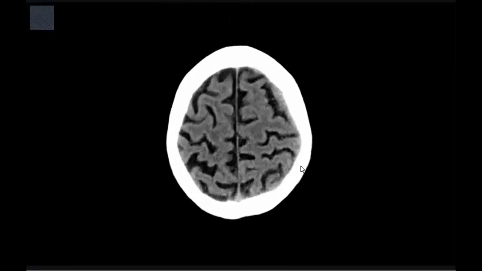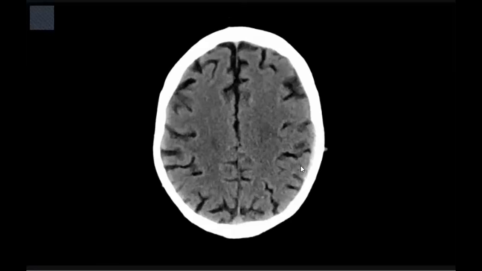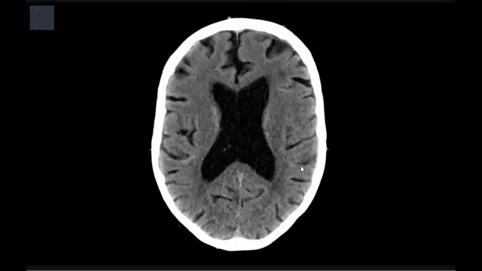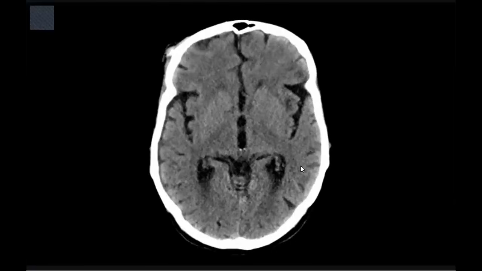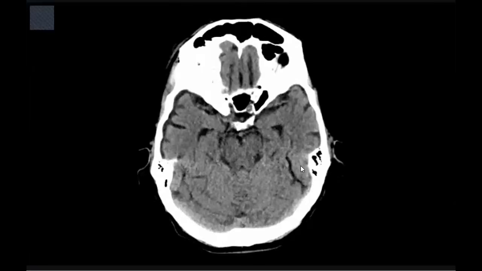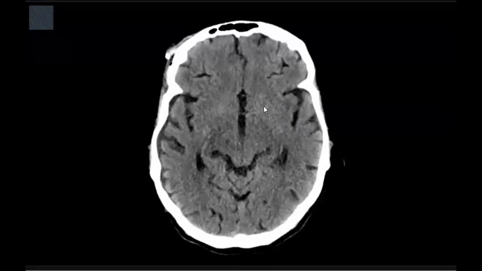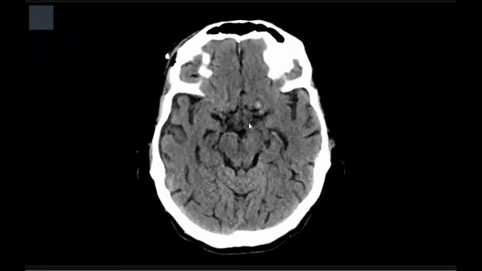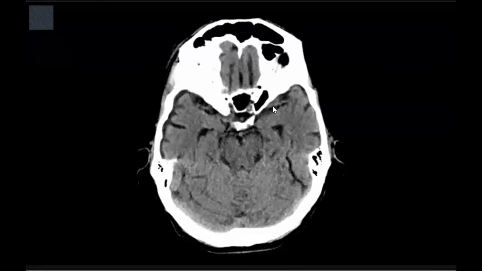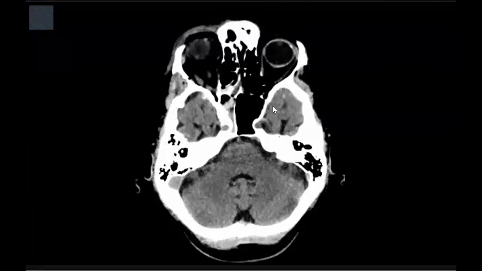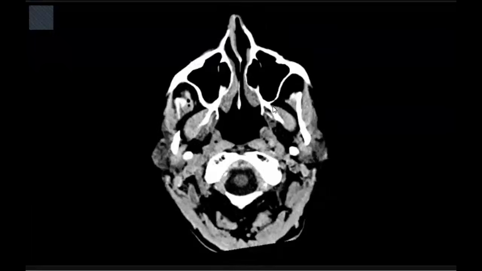I will scroll through the image, CT brain without contrast. I see atrophic change of the brain, age related. There is a hyperintense lesion seen in the left temporal lobe. No other abnormality can be identified.